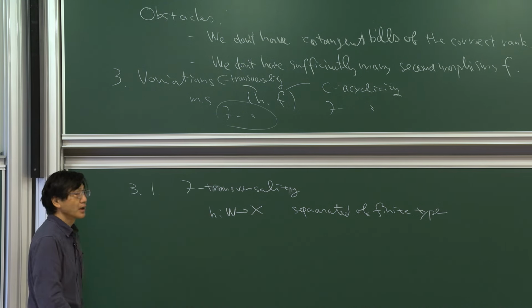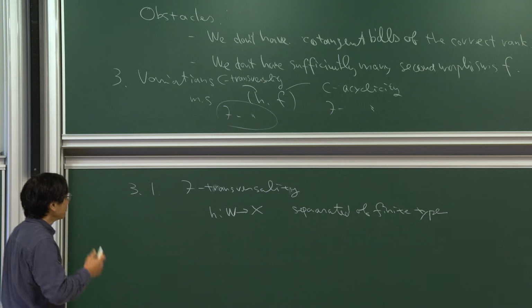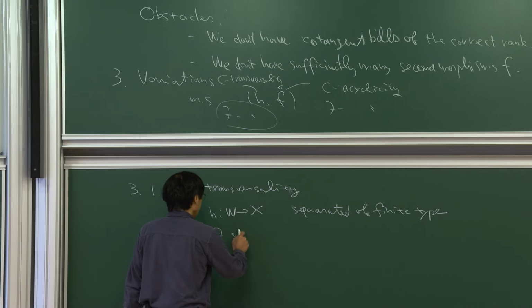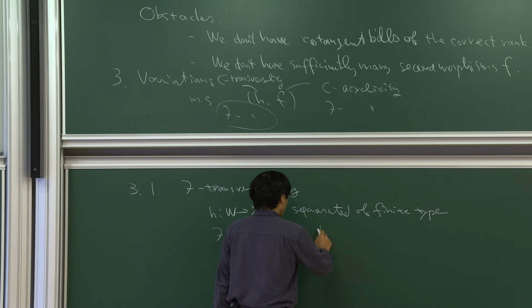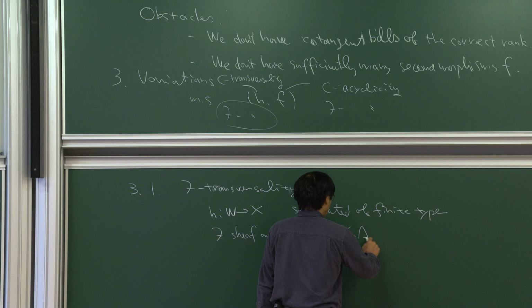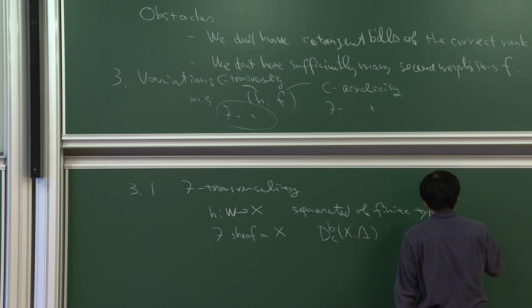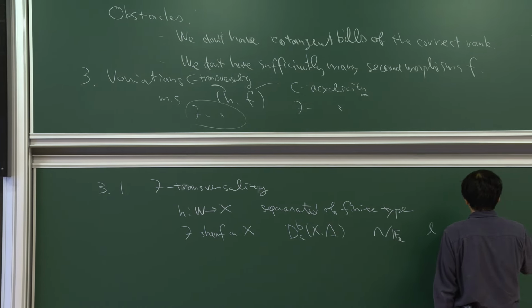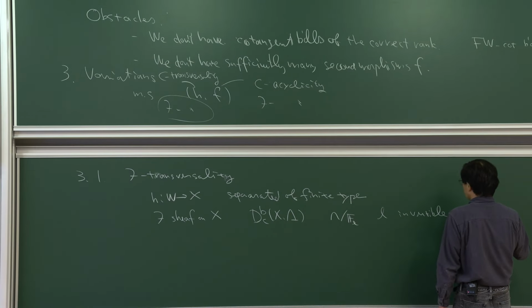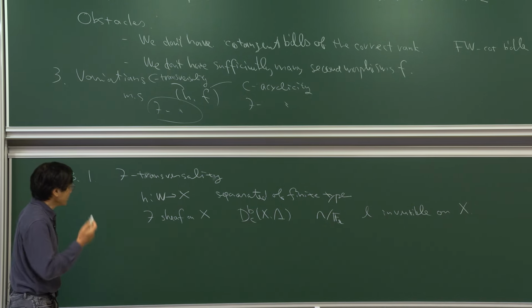Here I don't need any smoothness. And F is a sheaf on X, with coefficients in lambda, a finite extension of F_l, and l invertible on X. So we work with this generality.